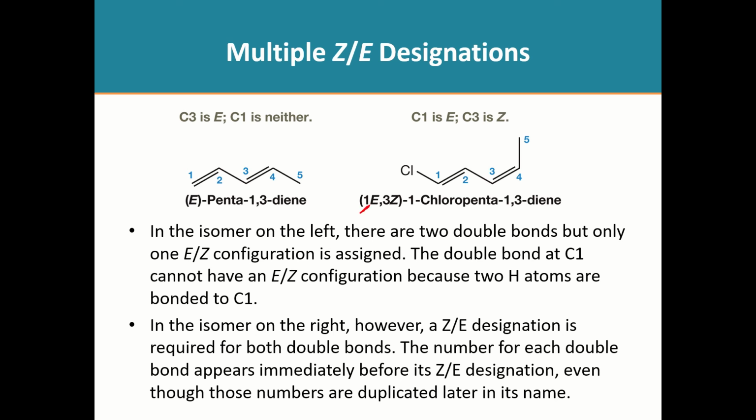It starts at carbon 1, and that alkene is an E. And then the second alkene starts at carbon 3, and we see that that is a Z. Now, why is the alkene at carbon 3 a Z? Well, if you draw your plane there, you can see the methyl group and this whole thing is on the same side.